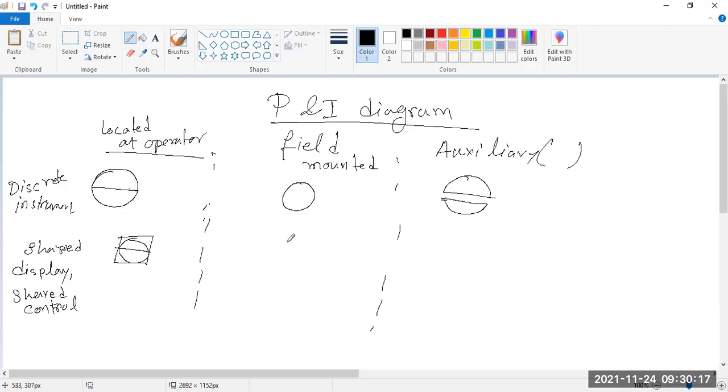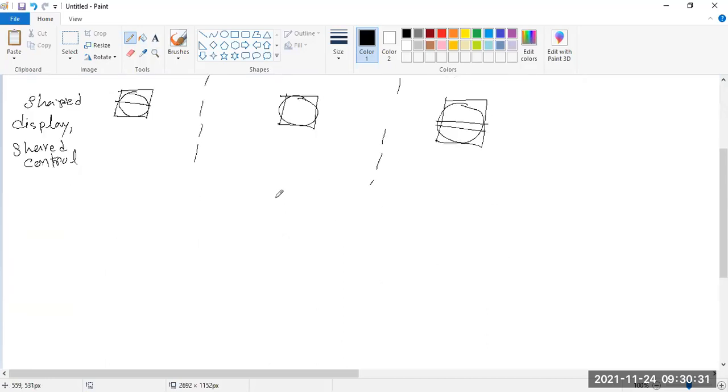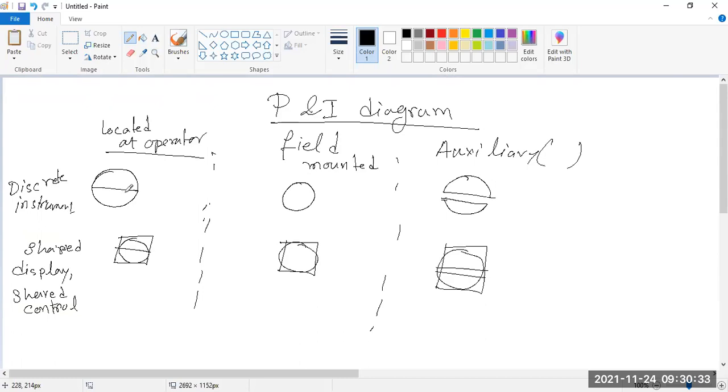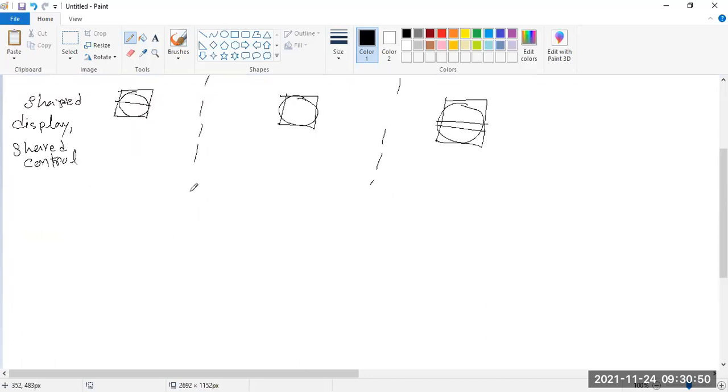If it is at the field, you have to put just like this, with no lines in between. If it is auxiliary, you have to draw this symbol, and then two lines are there. So just remember, one cross line in between indicates it is situated at the operator location. If there is a field, there are no lines. If there is auxiliary, then we have to put two lines.